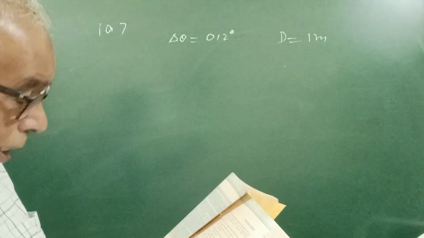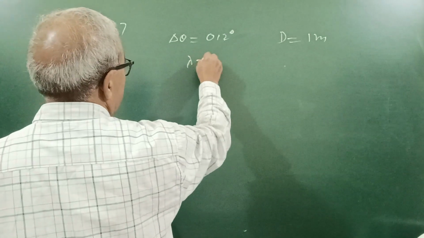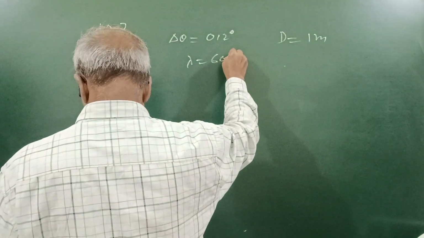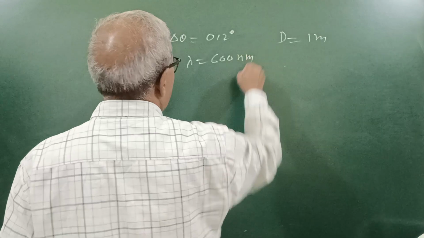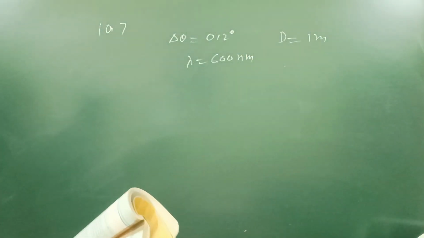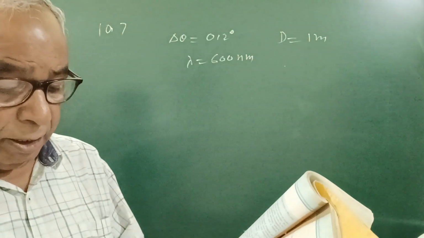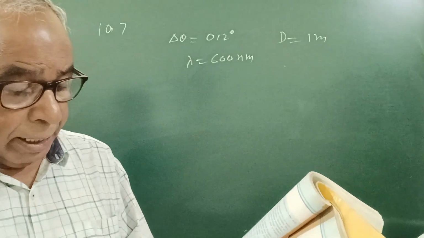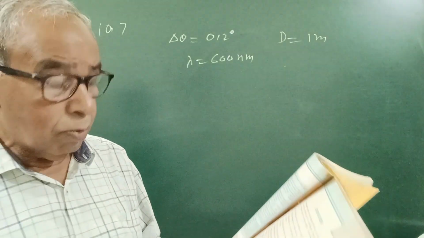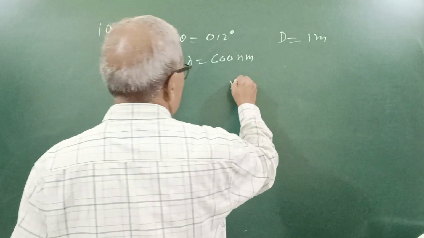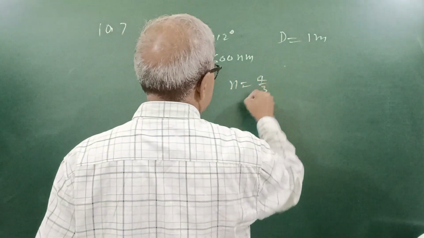The wavelength of light is 600 nanometer. Now, what will be the angular width of the fringes if entire apparatus is immersed in water of index 4/3?